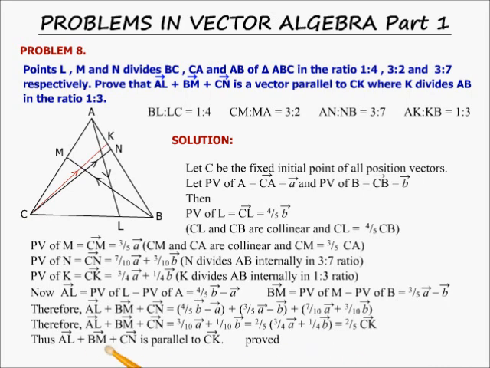Therefore AL plus BM plus CN is parallel to CK, and we prove our point.